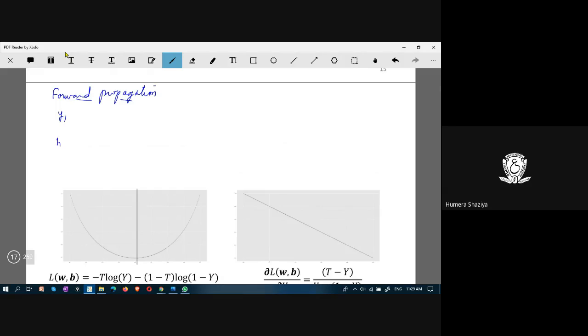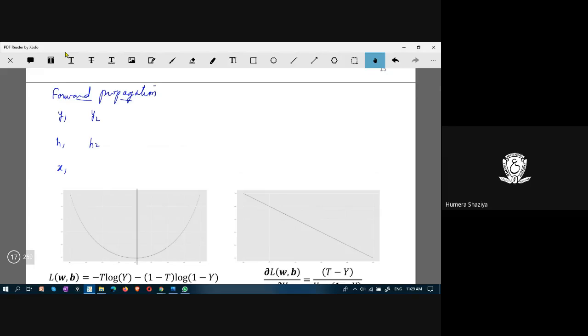As ANN, artificial neural network, and convolutional neural network operate in two phases. In the first phase, it is the forward pass, which is nothing but the forward propagation, and the second phase is the backward pass, which is back propagation. Same thing happens here as well.